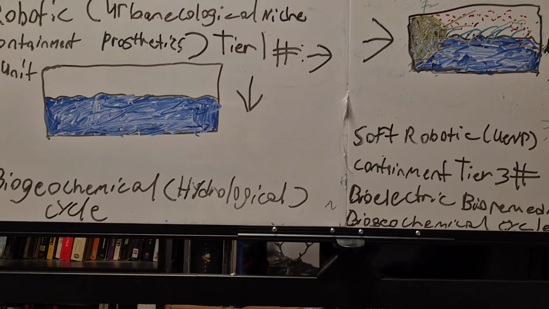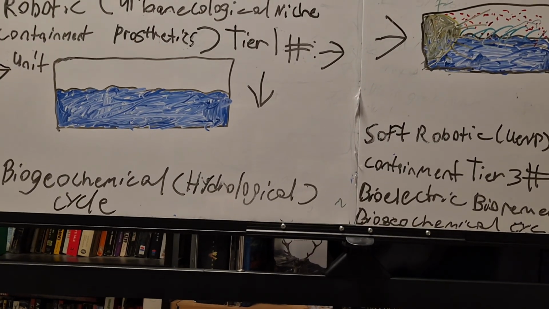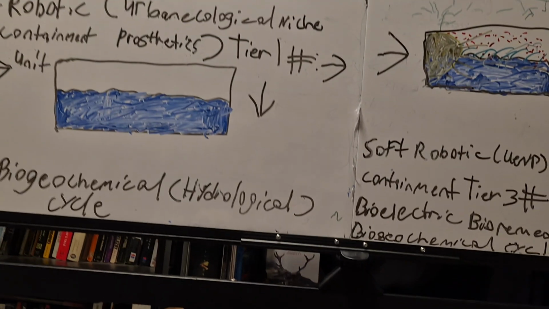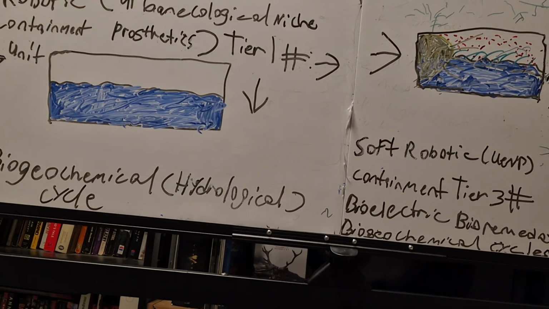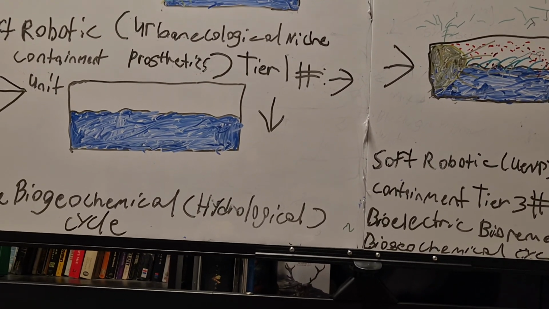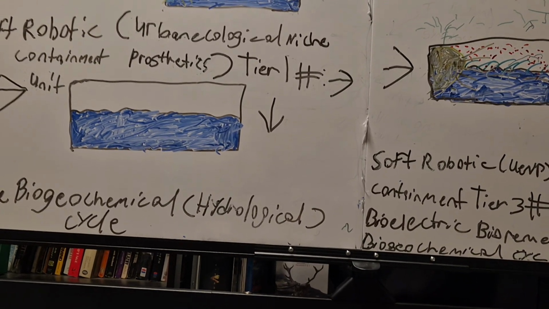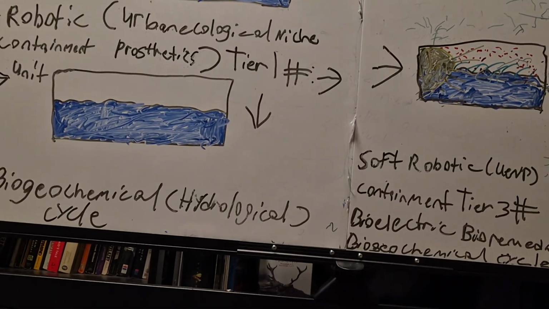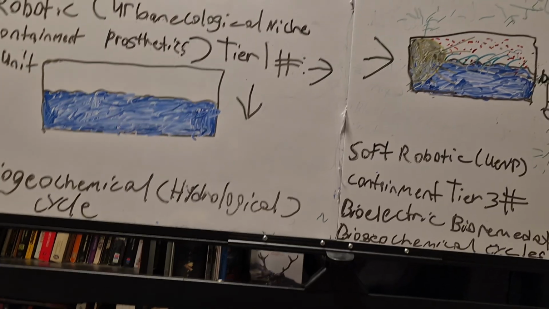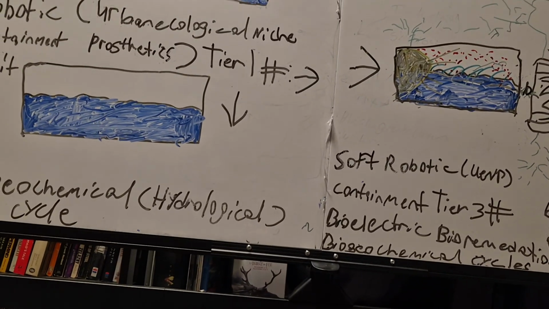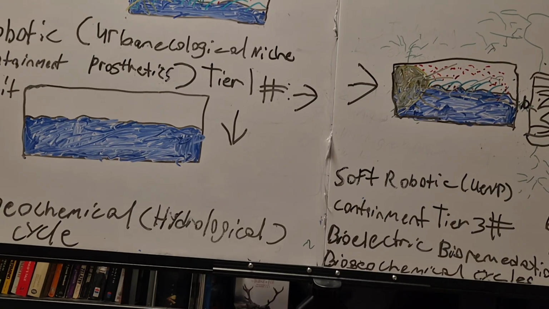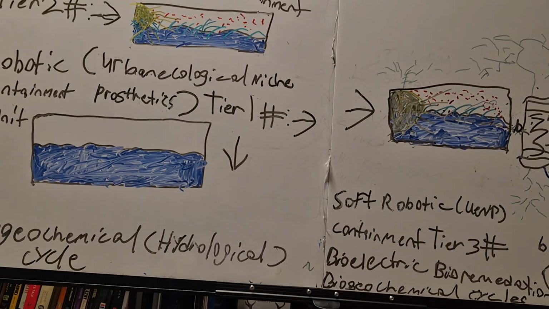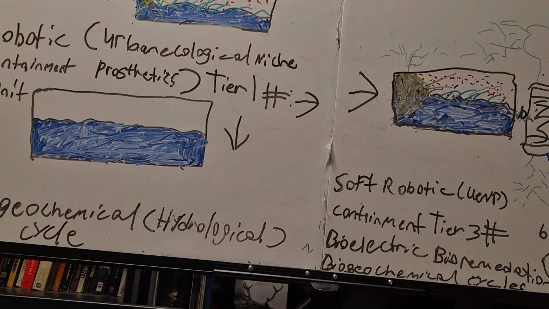The reason I have a pure abiotic soft robotic biogeochemical containment unit is that it allows the in and out flow between the urban built and natural environments to handle abiotic biogeochemical substrates, and also provide more purified water going in and out of the building to the other soft robotic tier 2 and 3 microecology containment units.